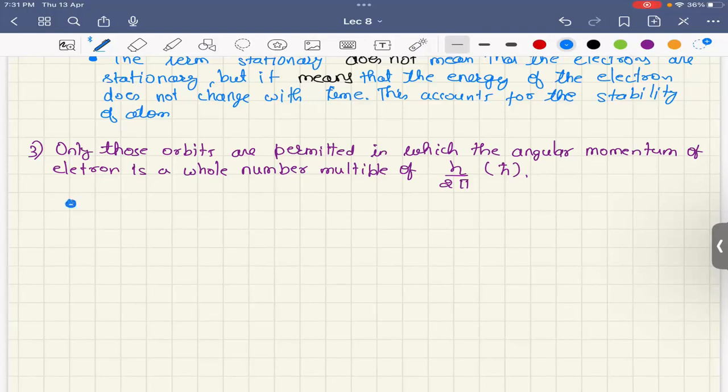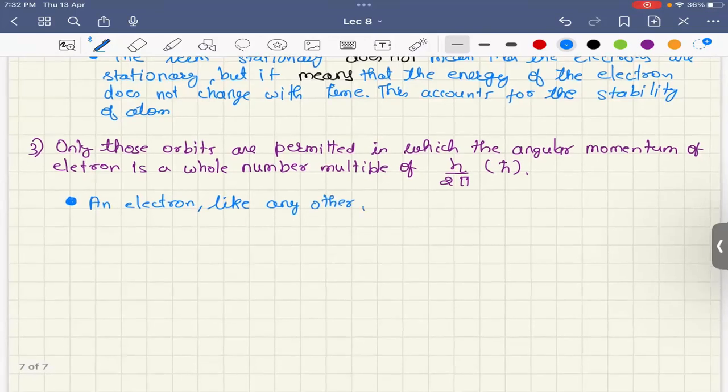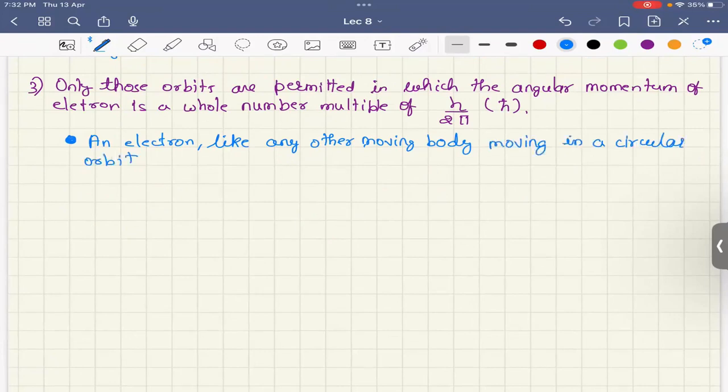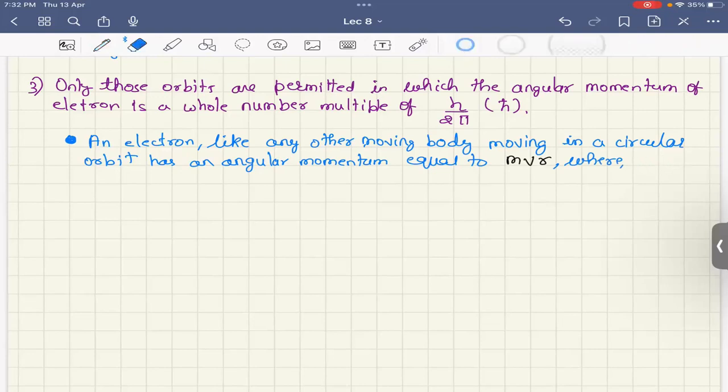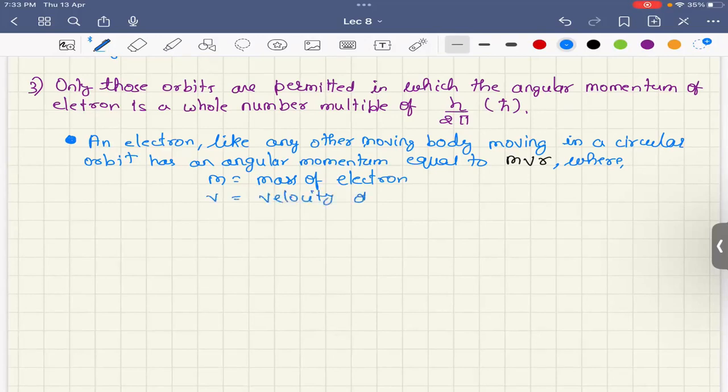So the sub point of this is the electron, like any other moving body moving in a circular orbit, has an angular momentum equal to mvr, where m is the mass of electron, v is the velocity of electron, and r is the radius of orbit, right?